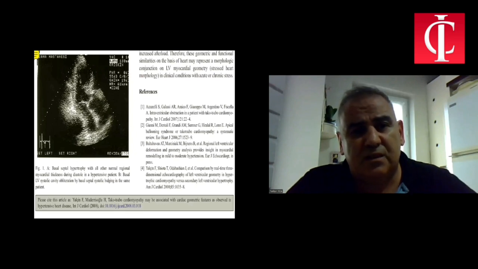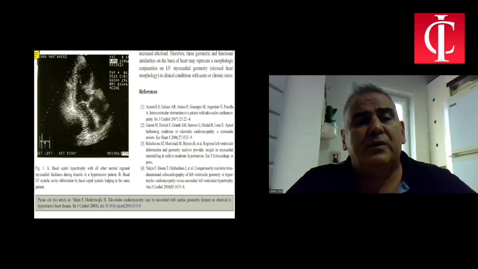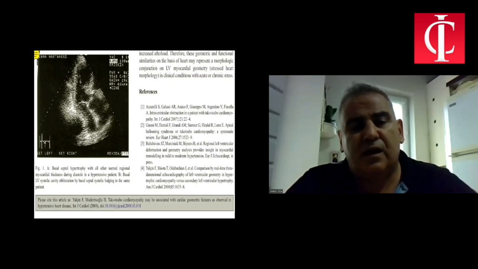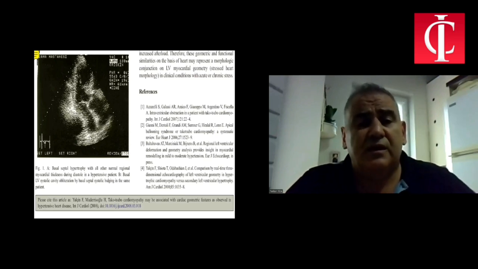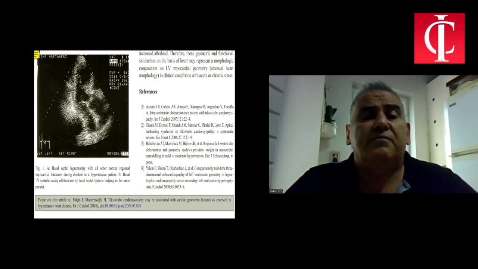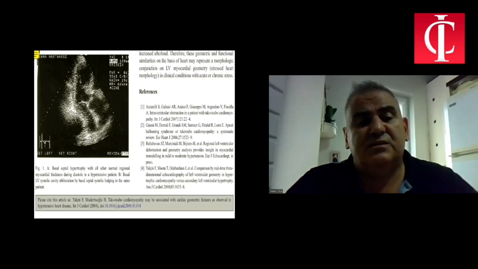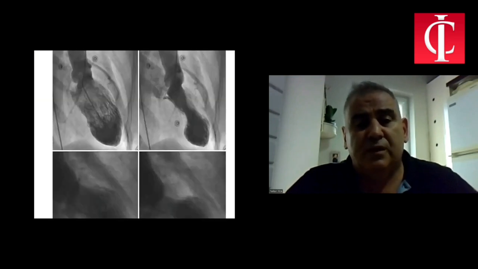For example, Laplace's law: if every point of the myocardial or endocardial border faces equal wall stress, the severity of the segmental hypertrophy should be equal over each segment. But as we can see on the screen, we can face very heterogeneous morphology like this. This is a hypertensive patient.